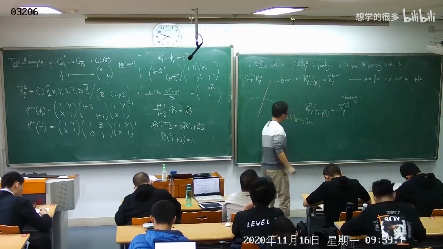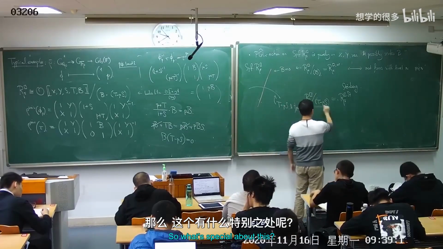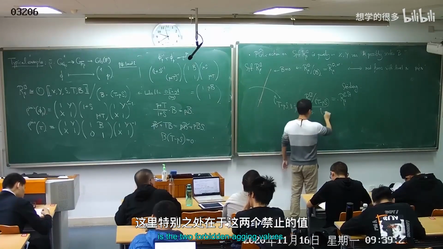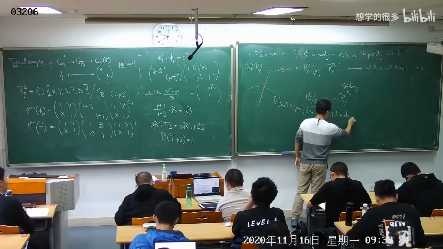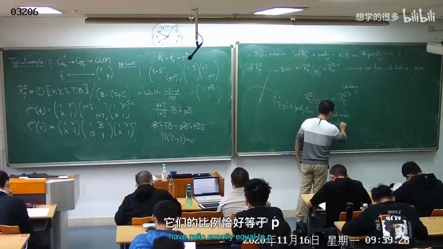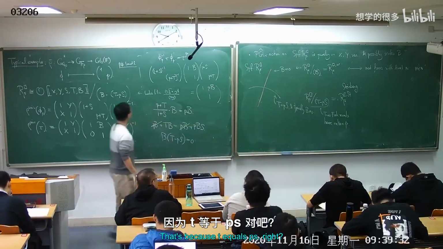We'll say what it means in a bit. So what's special about this? Special about this is the two forbidden eigenvalues have ratio exactly equal to P. That's because T equals PS, right?